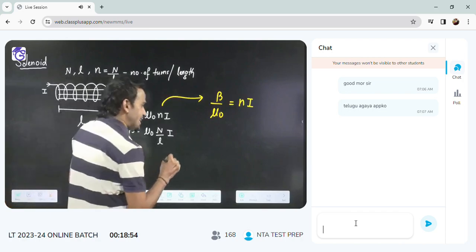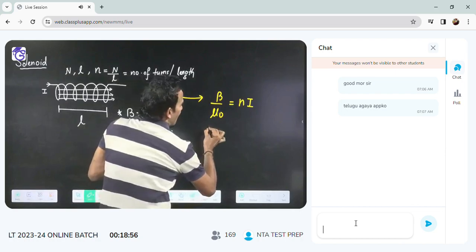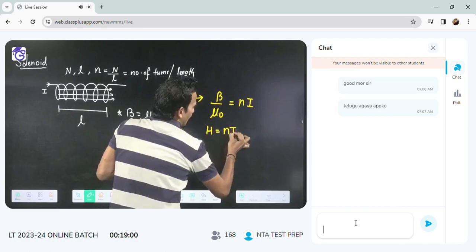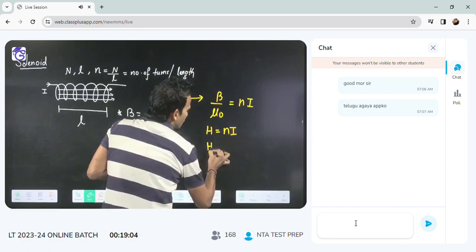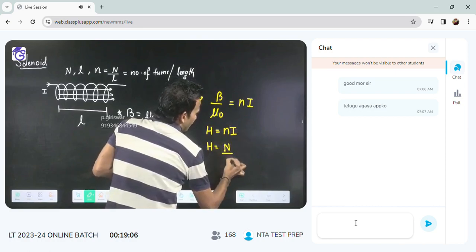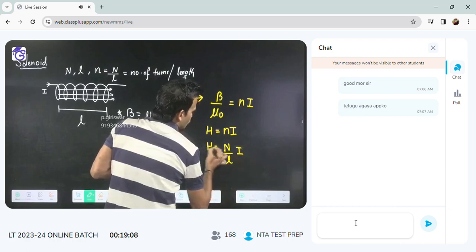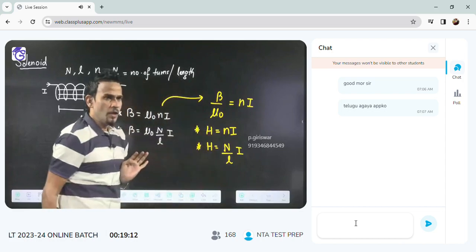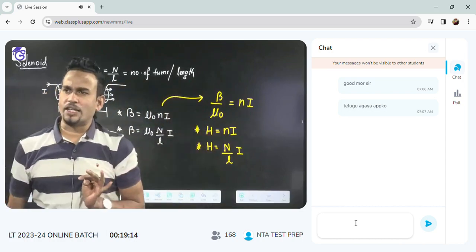Magnetic intensity H. Sometimes they ask H of solenoid. So H of solenoid will be your Ni, or you can say H will be equal to N by L into I. This is also given in NCERT. All these points are given in NCERT. What will be the magnetic intensity of solenoid?